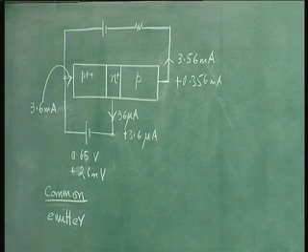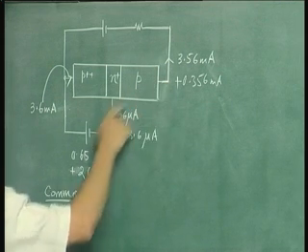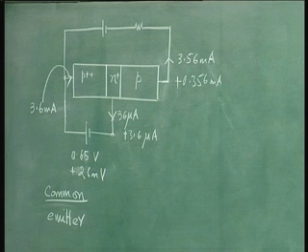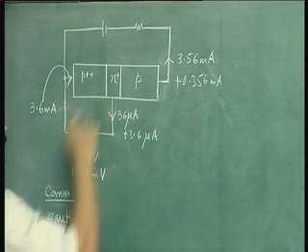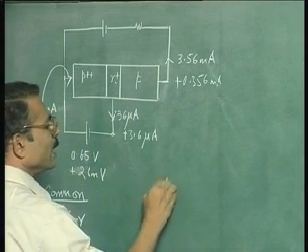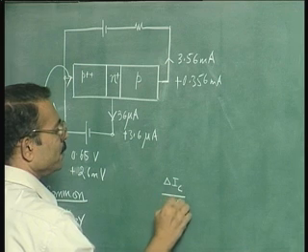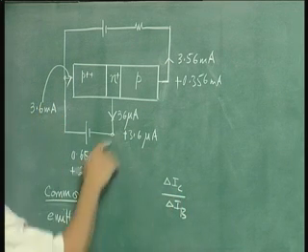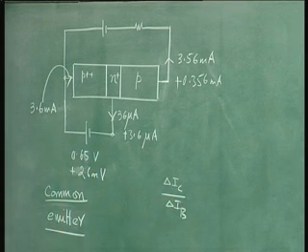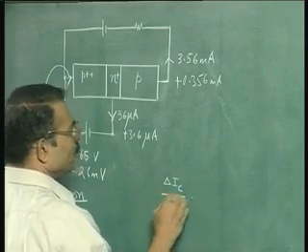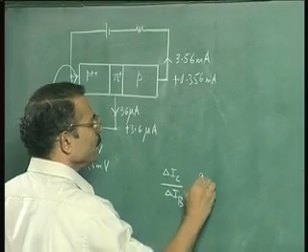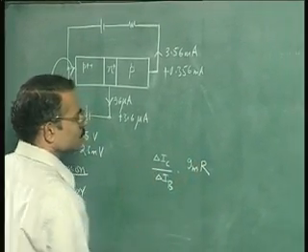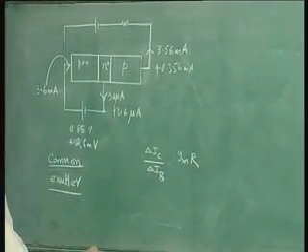If you now try to find out the power gain of this, then your power gain will be as follows. The input terminal is this and the output terminal is this. So delta IC by delta IB is the small signal current gain for the common emitter condition. The voltage gain is given by the previous formula, that is Gm into R, that we derived.